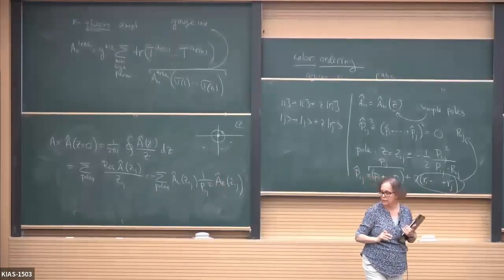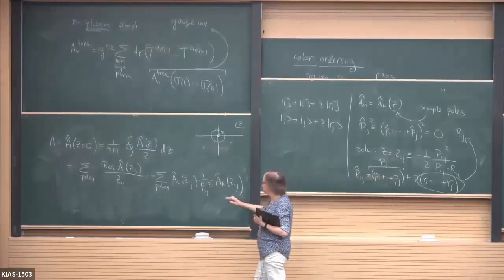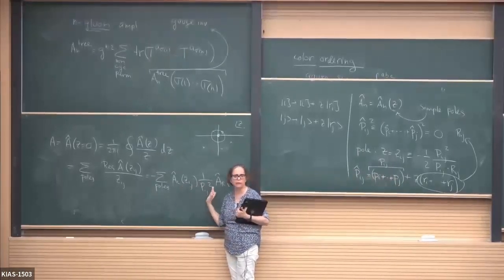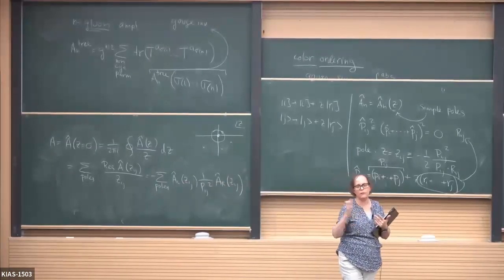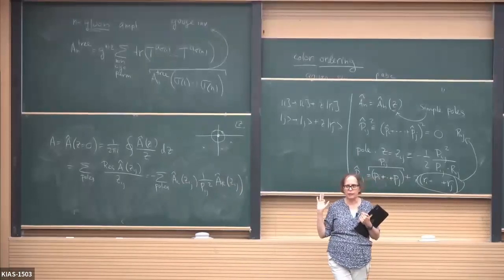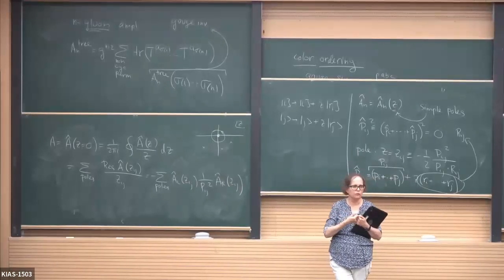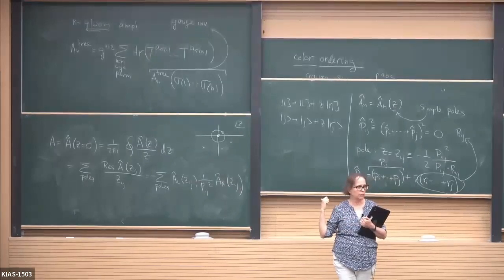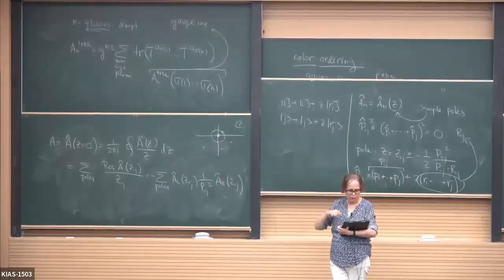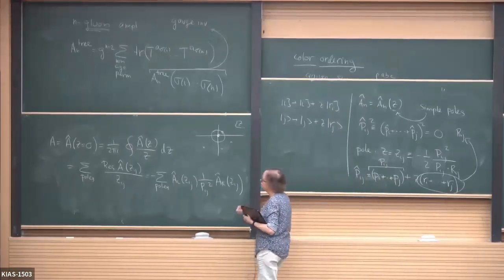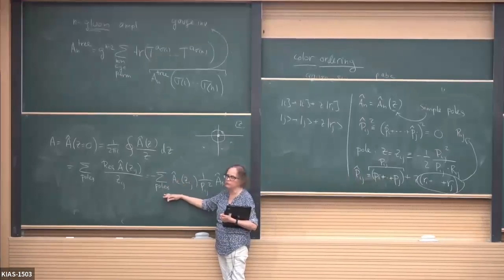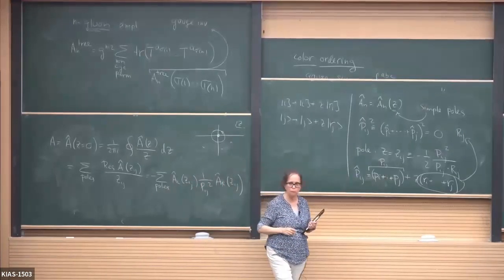And the nice thing about this is that each one of these poles corresponds to a particular factorization channel. So one thing that this trick allows you to do is separate the different factorization channels so that they don't lie on top of each other like we had in the example that we did before. Okay. So this is very satisfying because you now have a closed form that allows you to obtain all the amplitudes recursively.